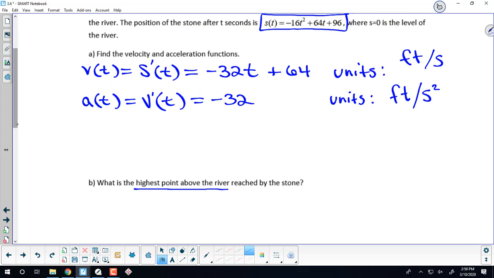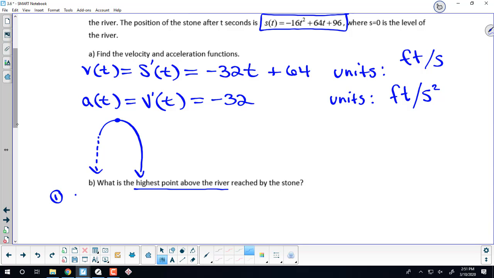So the highest point above the river, let's just list our options. One, we could do what? What seems reasonable to do? Yeah. Find the vertex. Find the vertex, right? So like this stone being thrown off a cliff looks like that. It's quadratic. The highest point occurs at the vertex.